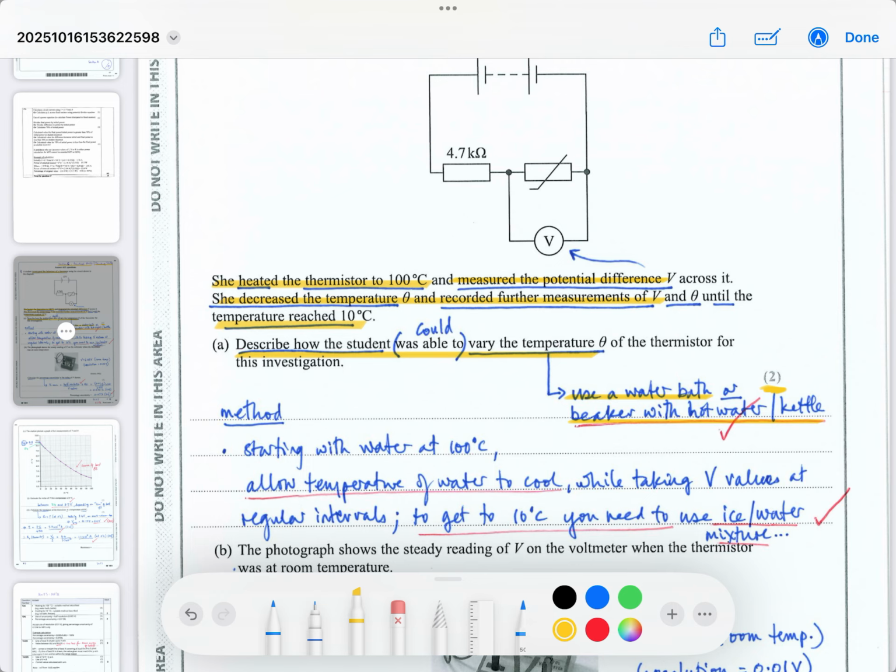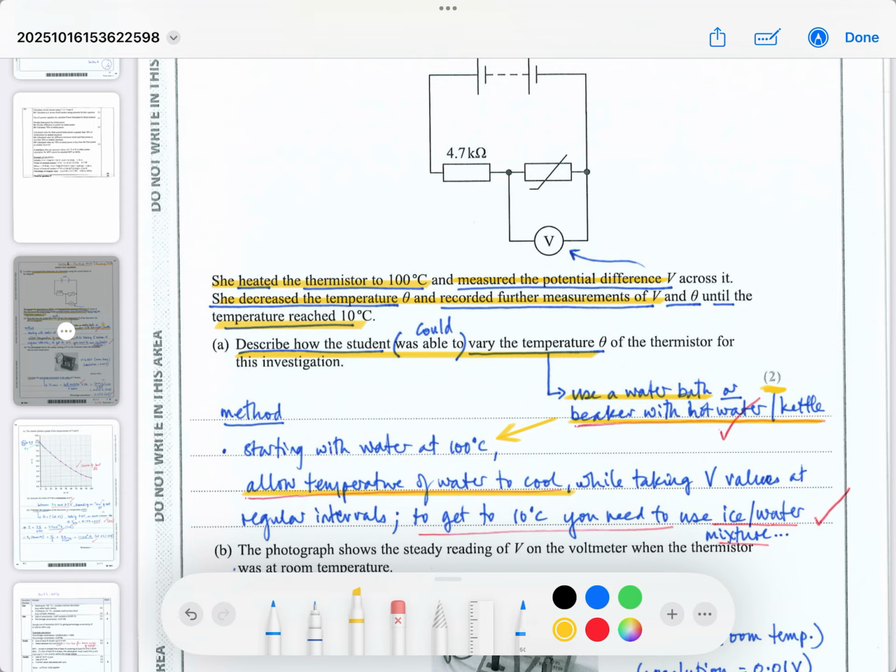It will be difficult to maintain it at 100 degrees centigrade, but as long as you got it, it's only 2 marks. The method would then be starting with the water at 100 degrees centigrade. And then I would allow the temperature of the water to cool while taking the values, but they want you to describe how the student could vary the temperature right down to 10 degrees centigrade.